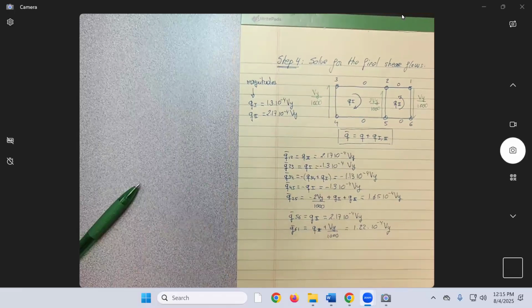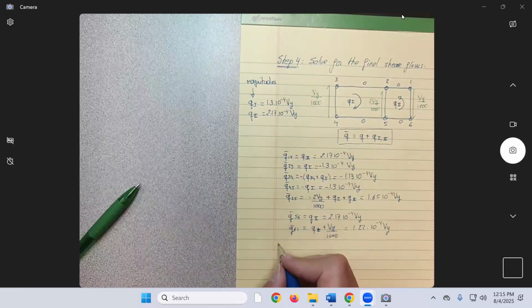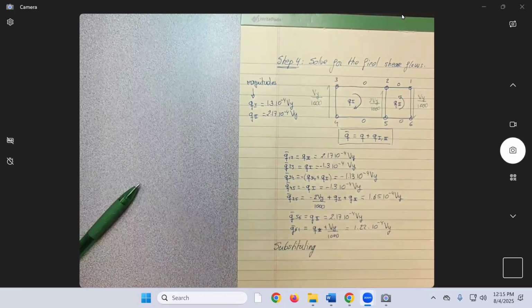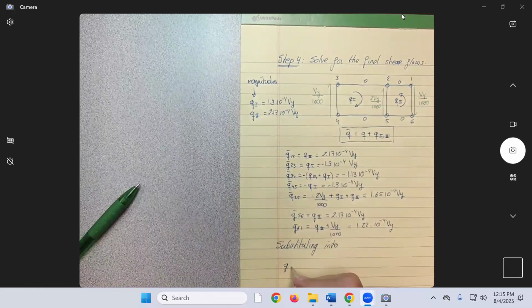Okay, so why did we do all of this work? We did all this work in order to find the deformation due to the shear flow. So substituting into the equation that we had before, Q sub B equal to what?